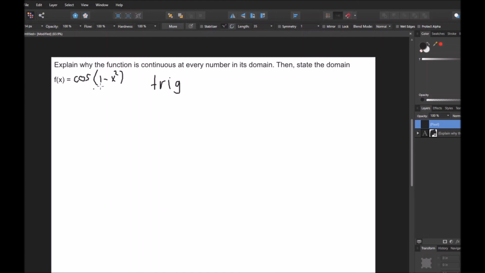For example, if we plug in 0 for x, cosine of 1 minus 0 is just cosine of 1, which is a decimal number, I believe. I have my calculator right here so I can check. Cosine of 1 is 0.54. You can even plug in 50 for x, and you can do cosine of 1 minus 50 squared, and we can see what that is.